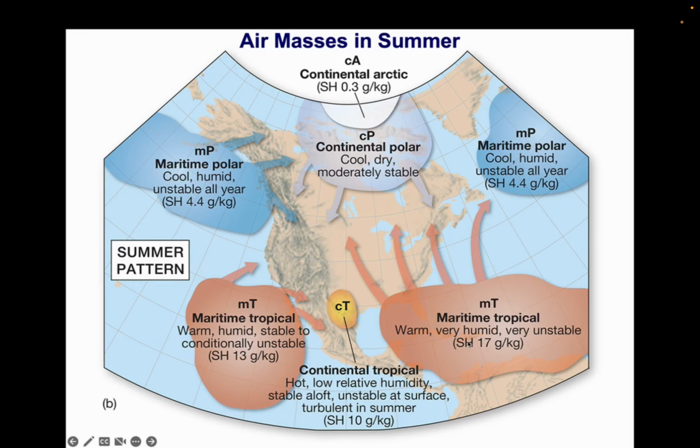But we also have a relatively smaller type of air mass that we call continental tropical. This air mass is characterized by hot temperature. It's really hot, but it has lower relative humidity because it's sourced from the continent. These are dominant air masses in places like Arizona and New Mexico. Very dry.